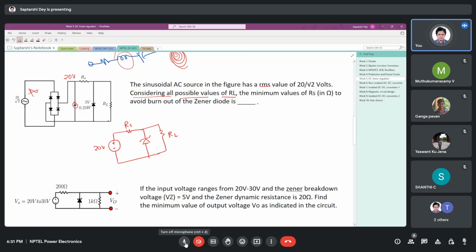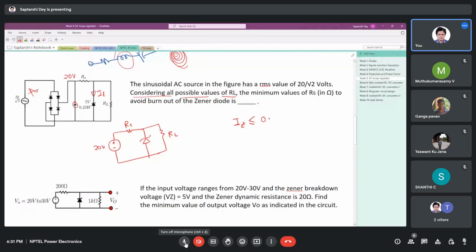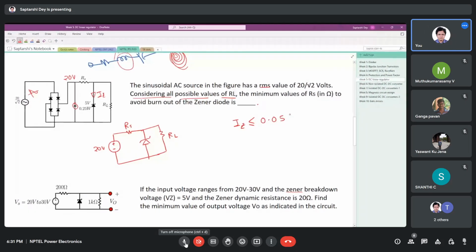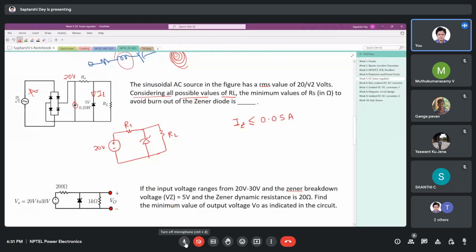Now the question says it's a 0.25 watt Zener diode. So there is a limit on maximum current. If I write IZ, its maximum value is 0.25 by 5, which is 0.05 ampere.